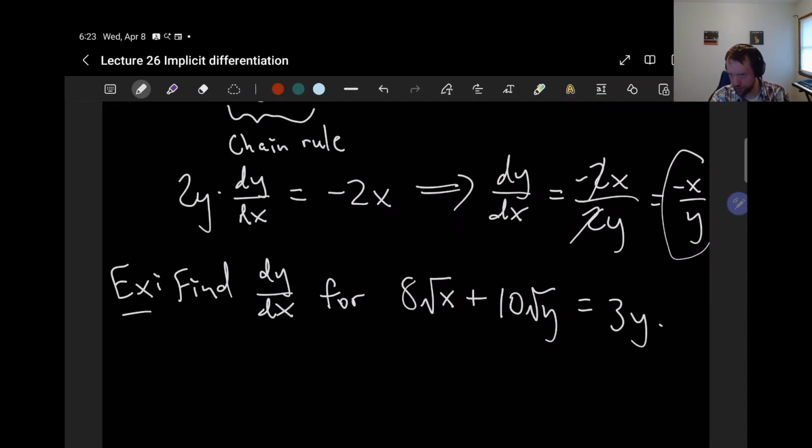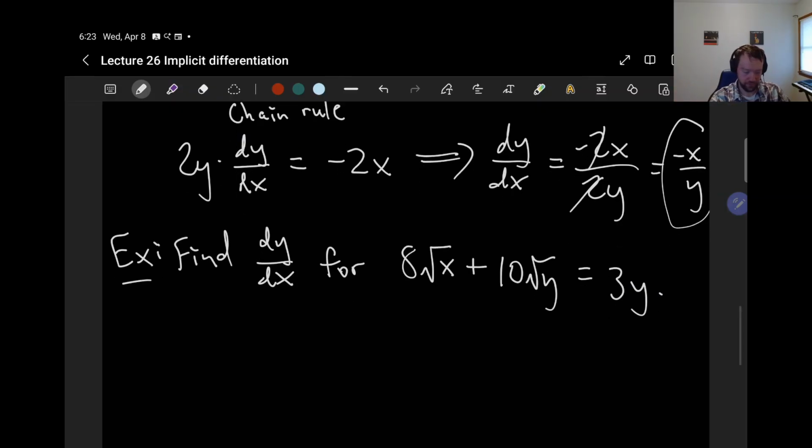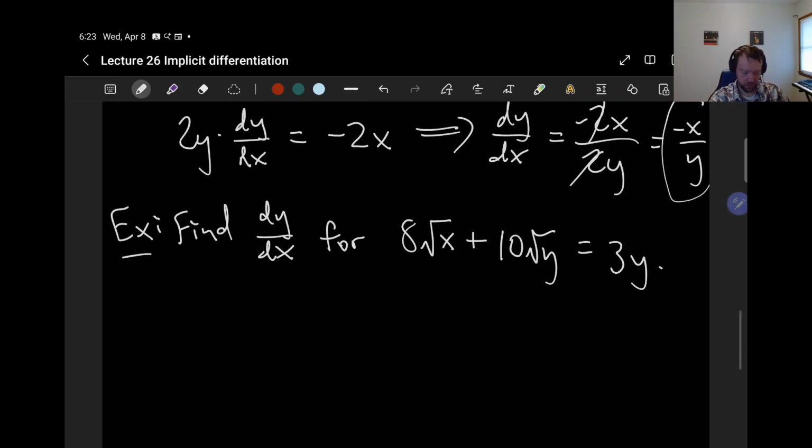Now here it's really clear that this is implicit, that there's not really a way to solve for y, y equals in some expression that only involves x. So to find dy dx, we apply the derivative operator to both sides, derivative with respect to x.